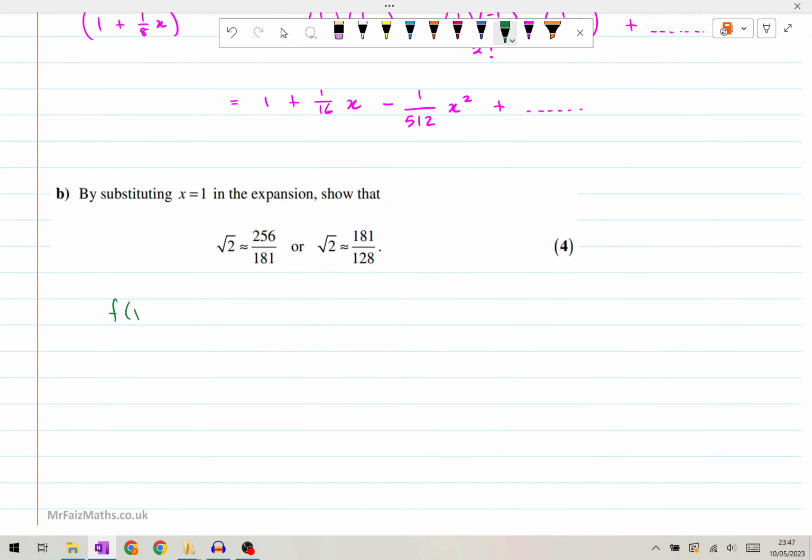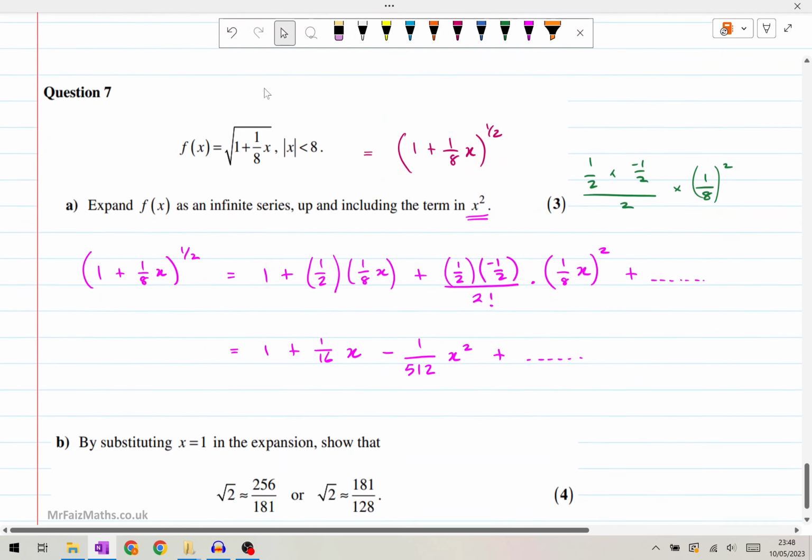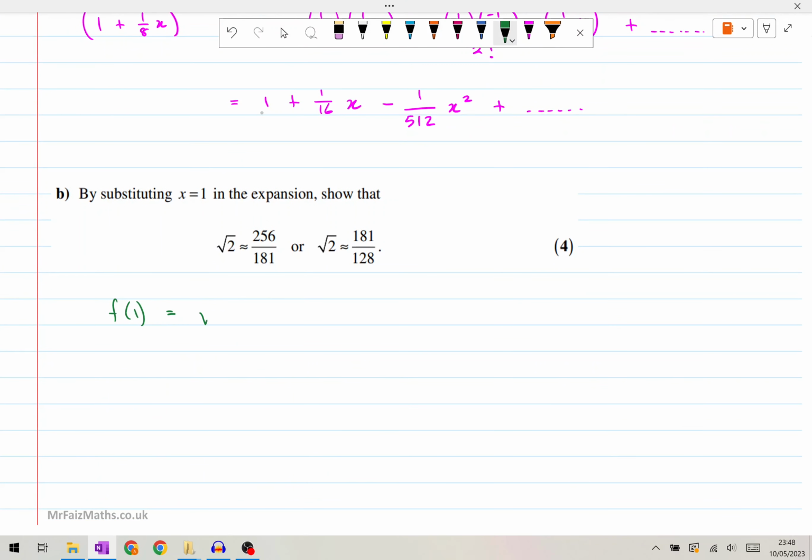So f of 1 is going to be equal to, substituting x equals 1, the square root of 1 plus 1 over 8. That's the square root of 1 plus 1 over 8, which simplifies to the square root of 9 over 8, which I can further simplify to 3 over 2 root 2. If you put this into a calculator, you'll get a slightly different form.